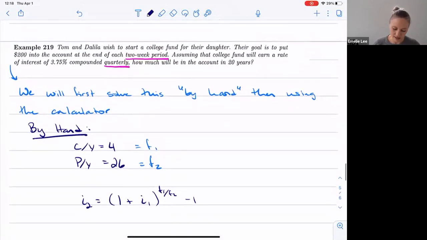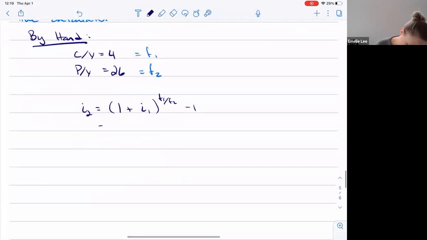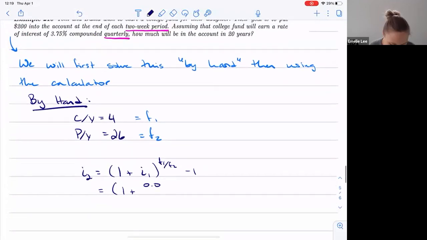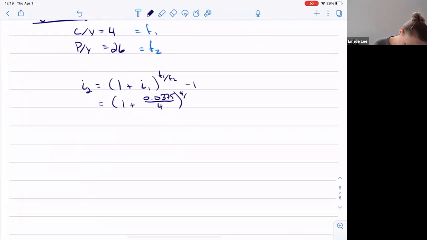You can calculate I1 on the side if you want. I'm just going to do it inside here. So I2 is 1 plus 0.0375 compounded quarterly, going from quarterly to bi-weekly, 4 over 26, and minus 1.